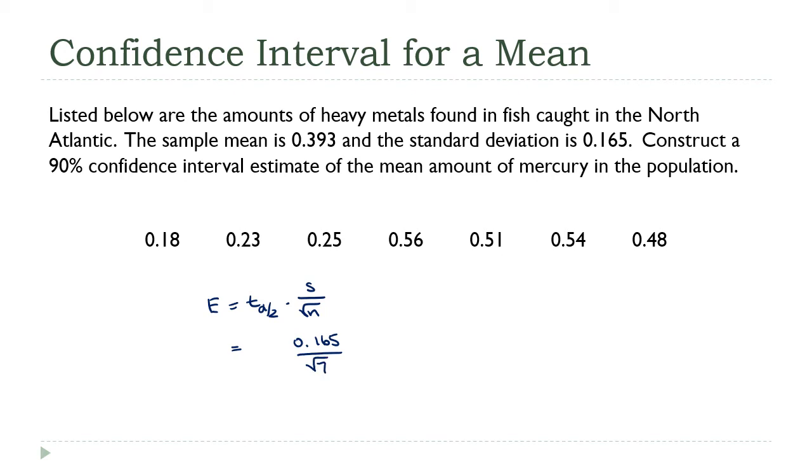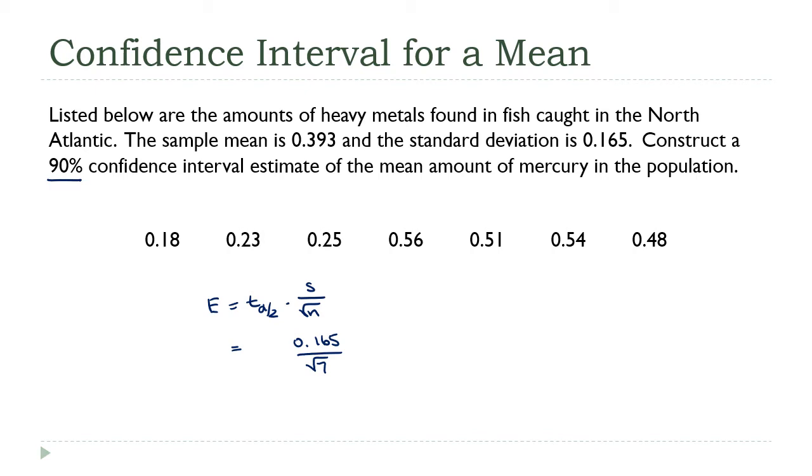Now, we need to get the t-score, right? So you're going to go to the t-distribution table, and you're going to look, again, confidence levels, always two-tailed. So you're going to go over to the 90% column in the two-tailed section. And then how far down are you going to go?